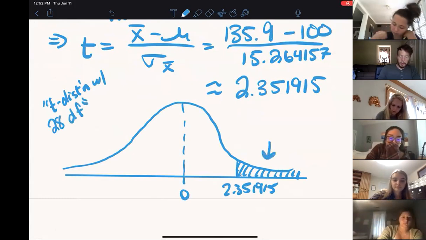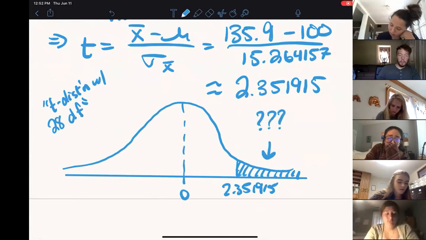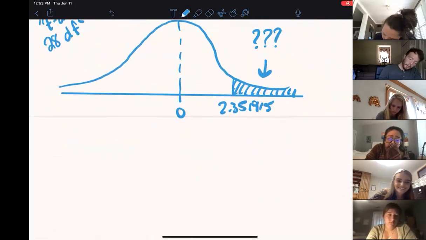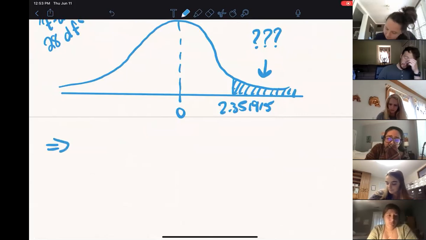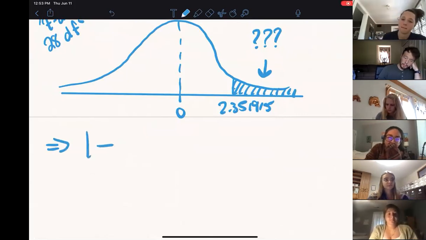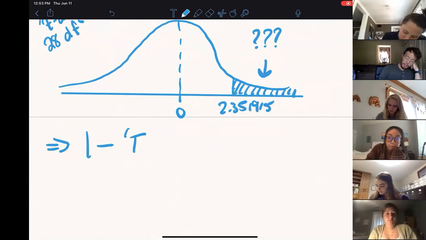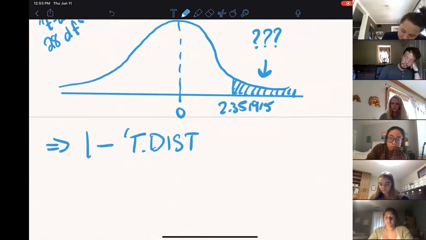How do we find this probability? And the answer is we use Excel again. So we want an upper tail probability. So the probability that we want is going to be 1 minus, and the function is very similar to our norm.s.dist function. It's going to be a t.dist function.